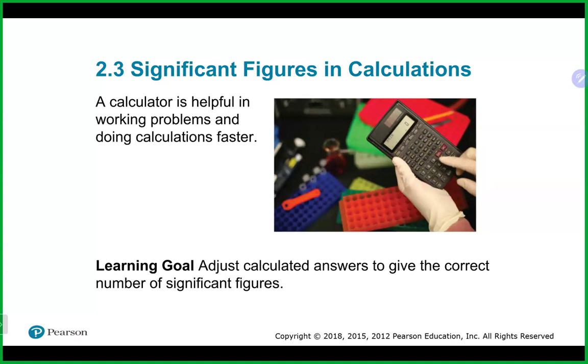All right, so now that we know measurements, what significant figures are, and how to count significant figures, let us talk about significant figures in calculations. When we give an answer, we want to make sure that we always end up with the right significant figures.